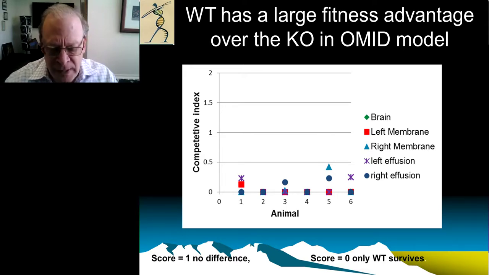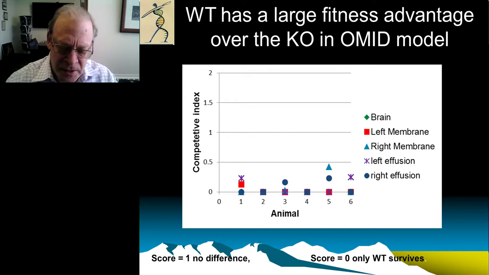So again, more evidence, now in vivo evidence, that this VHISLR gene is important in pathogenicity.